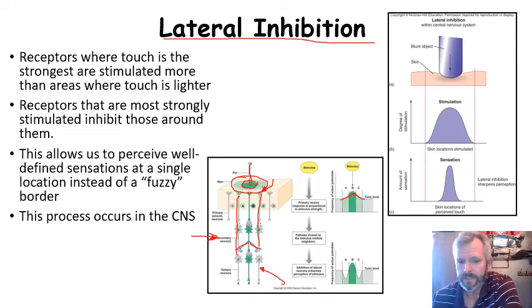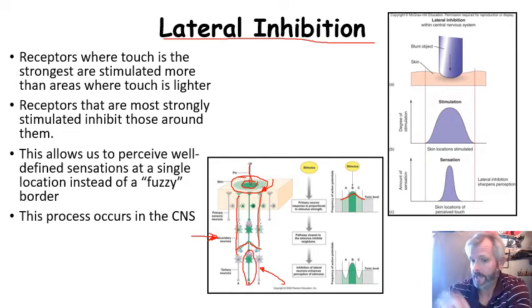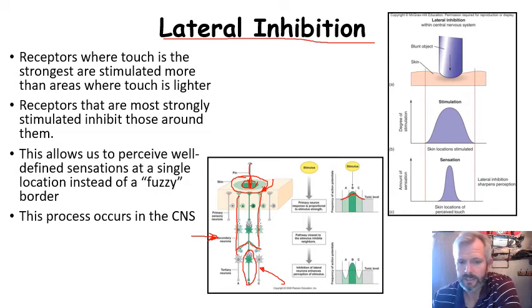If I inhibit these second order neurons, I'm inhibiting this neuron talking to the brain and this one talking to the brain, and I'm just getting this one talking to the somatosensory cortex. So now where's the perception going to be? It's going to be right where that pinprick was at. That allows us to discriminate and give us that finer location or tactile discrimination.